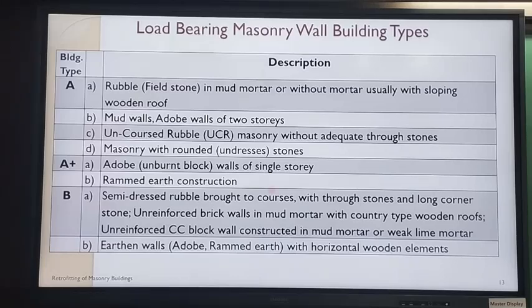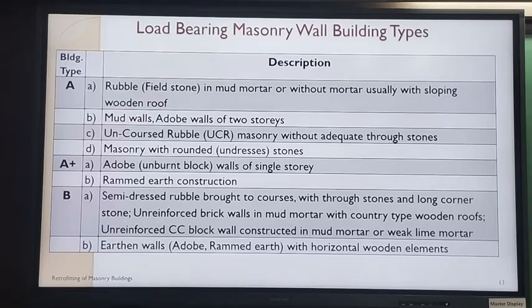Then we go into building type B: semi-dressed rubble masonry with through stones and long cornerstones. I mentioned that in random rubble masonry, every 0.8 square meter there is a stone which goes through the thickness of the wall. Basically, this works as a stitching of both wall faces. This is the most critical element in any random rubble wall.